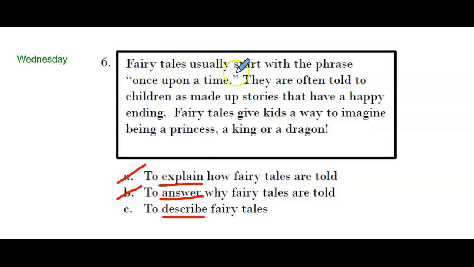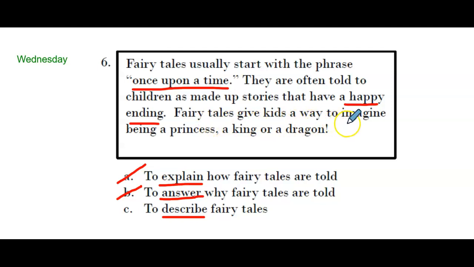Fairy tales usually start with the phrase "once upon a time." Oh, this tells me how a fairy tale looks. The first words are "once upon a time." Then it says they are often told to children as made-up stories that have a happy ending. A happy ending tells me how a fairy tale looks at the end of the story. Something good happens at the end.